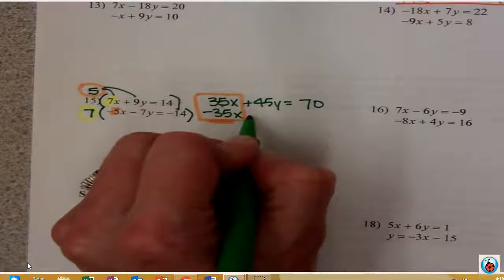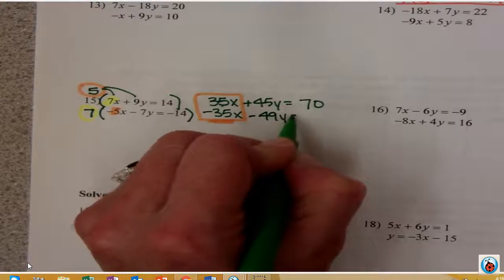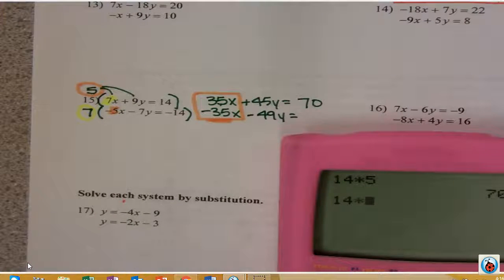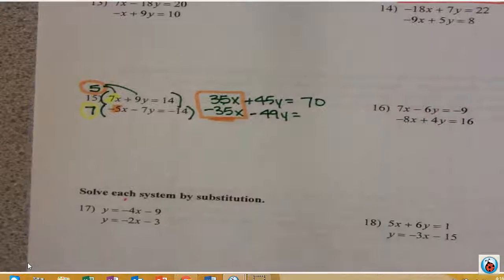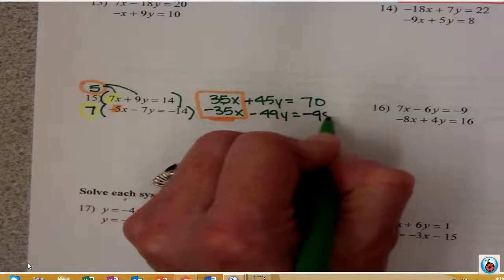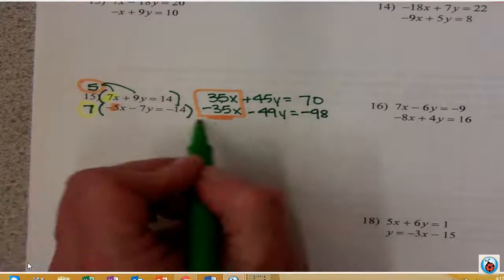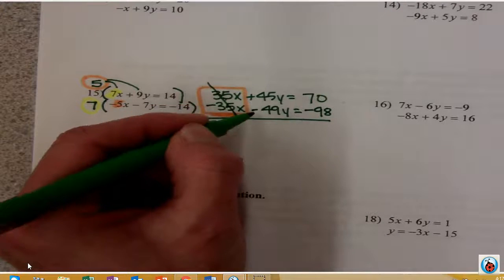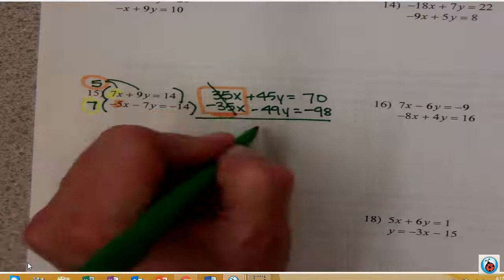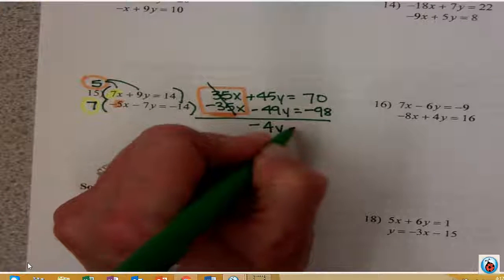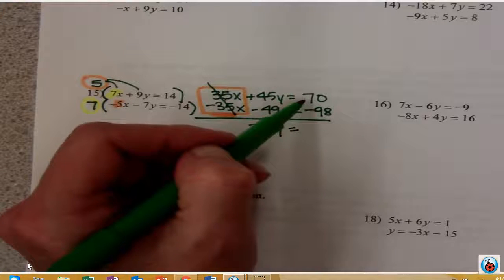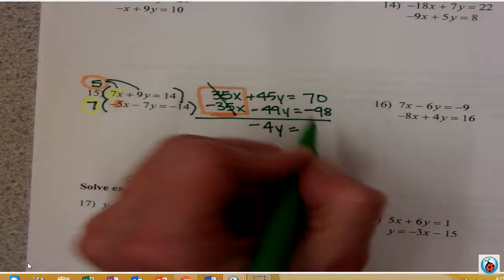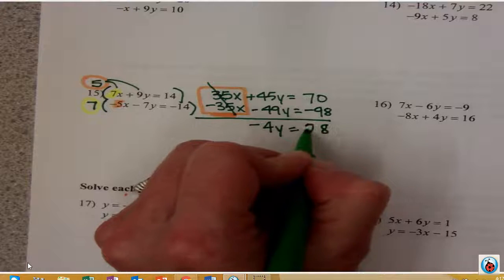7 times 7 is negative 49y. And 7 times negative 14 is negative 98. So when I add them together, this crosses out. 45y minus 49y is going to be negative 4y. Then when I say 70 minus 98 will give me negative 28.